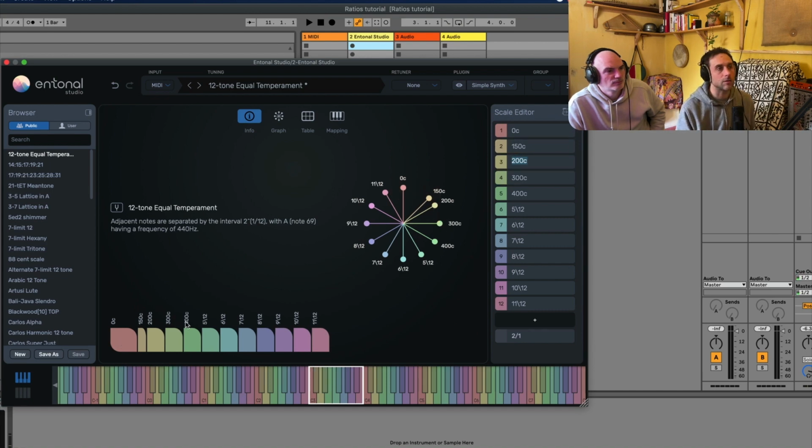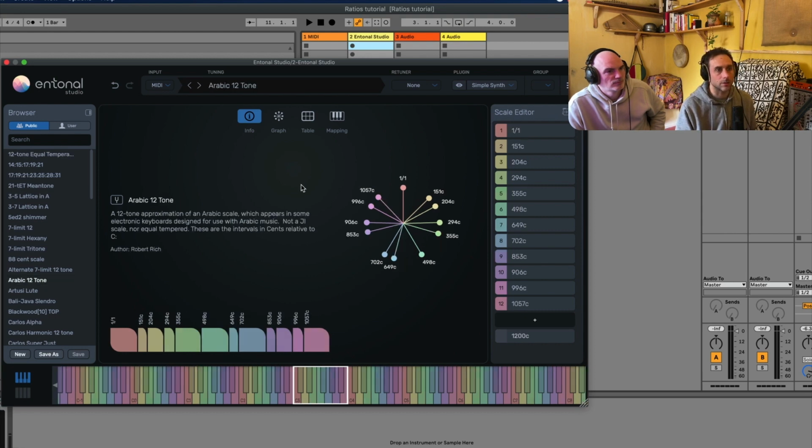And actually, that 150 cents is quite similar to, we've got an Arabic scale here, or something that's inspired by Arabic music, which has this 150 cents. Some people talk about quarter tones or have written about Arabic music in terms of being constructed with quarter tones, which I now understand is quite an oversimplification.